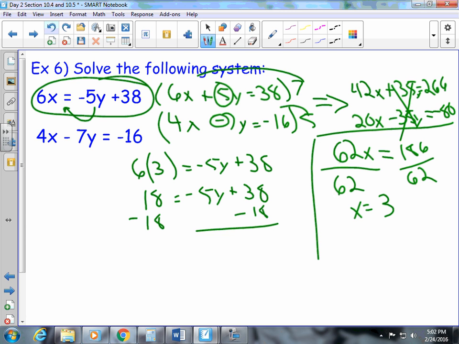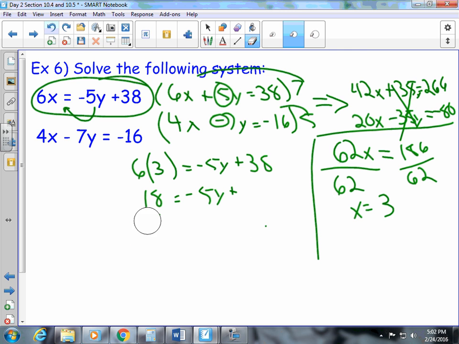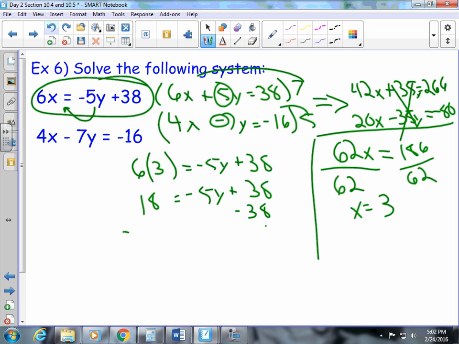I actually probably should have done the other way around. That's a better move. I do get 18, I do get 38, but I'm going to subtract 38 instead. Hopefully you guys are thinking, what is Mr. Vespach doing? He's taught us to do the opposite of that. All right. So what we end up with is negative 20 is equal to negative 5y. Divide both sides by negative 5, and y is equal to 4. So our answer here to the system is 3, 4.